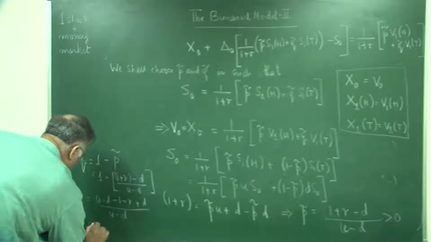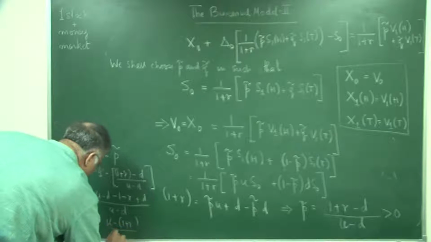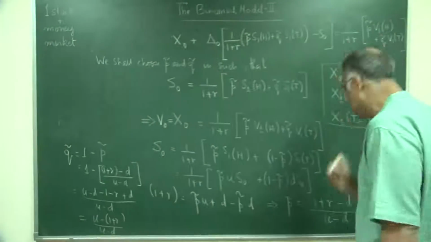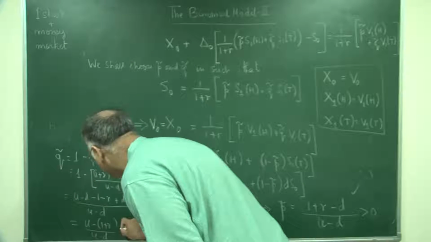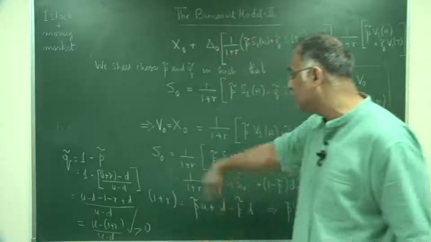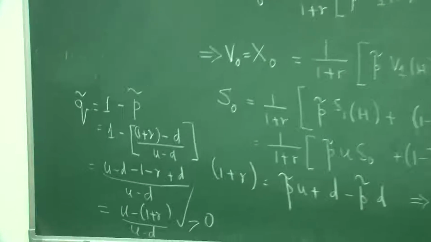So, this gives me u minus 1 plus r divided by u minus d, again by the no arbitrage condition. So, it is the no arbitrage condition which is guaranteeing that p tilde is greater than 0. It is the no arbitrage condition which is guaranteeing that q tilde is also strictly greater than 0, and they sum up to 1. So, we can now view them as actually probabilities.